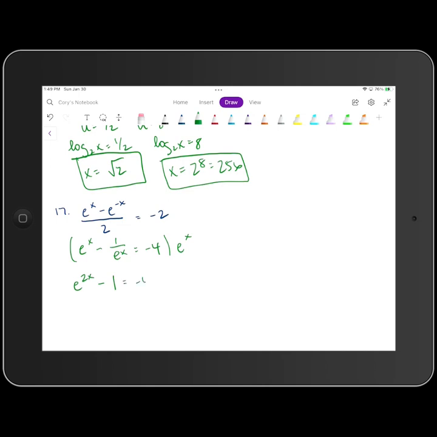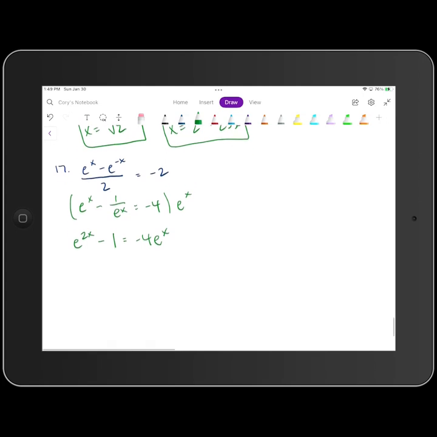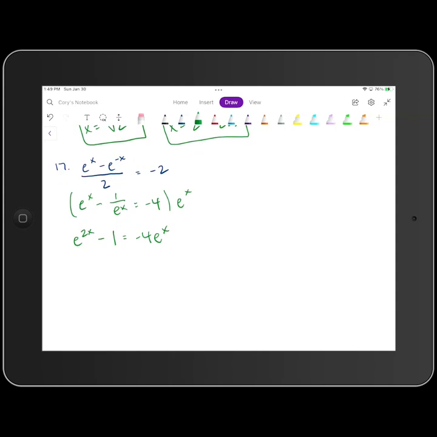And that's equal to negative 4 times e raised to the x power. Okay, so if I move everything over to one side, e to the 2x power is like saying e to the x power quantity squared, plus 4 times e to the x power, minus 1 is equal to 0.